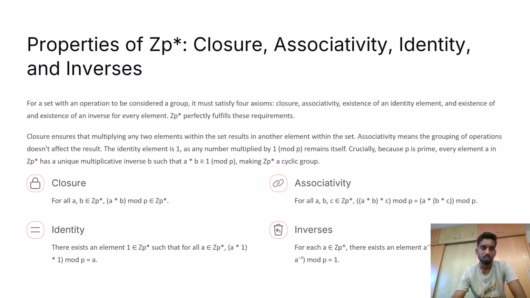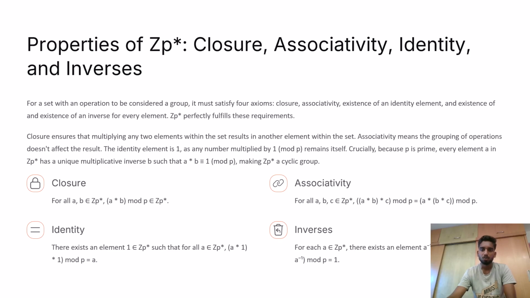For a set with an operation to be considered a group, it must satisfy the axioms: closure, associativity, existence of an identity element, and the existence of an inverse for every element. Zp star perfectly fulfills these requirements. Closure ensures that multiplying any two elements within the set results in another element within the set.